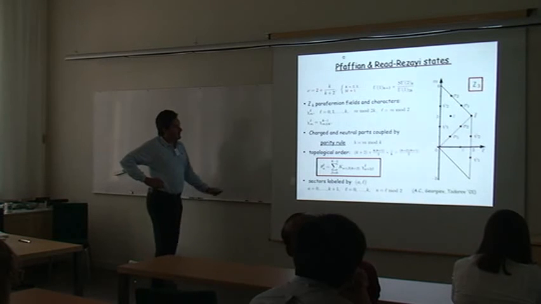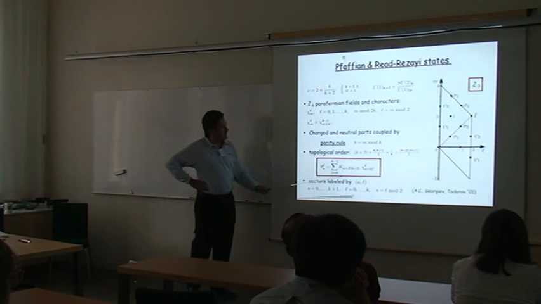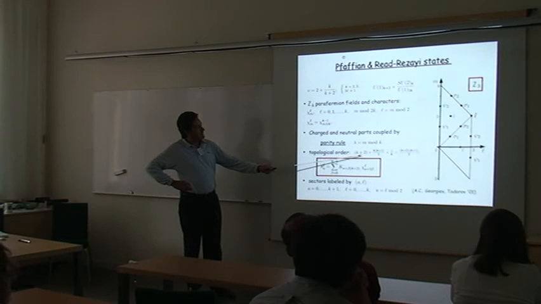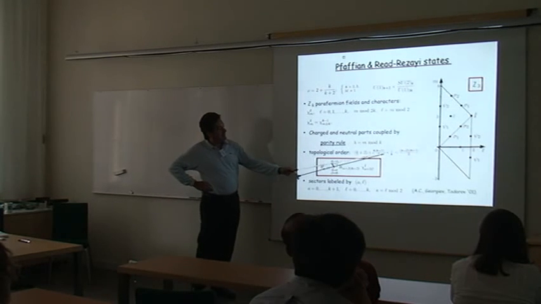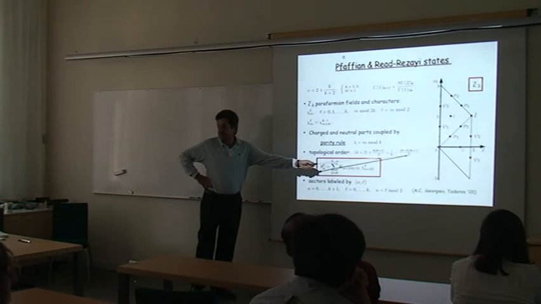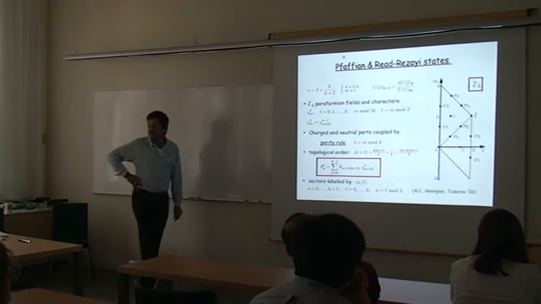And also topological order is obtained in this way, because this is the number of sectors for the fractional charge, this is the number of parafermions, but they combine in this way, which kills k components, and so you get the topological order. Okay?